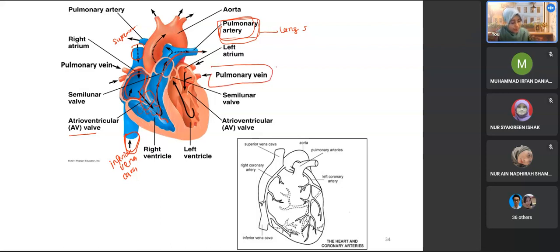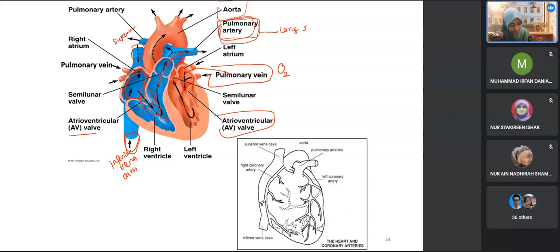The pulmonary vein receives oxygen-rich blood from the lungs, from the pulmonary circuit, and enters into the left atrium, and then into the left ventricle through the AV valve also. Then the left ventricle will pump the blood out of the heart through the aorta, which passes through the semilunar valve.